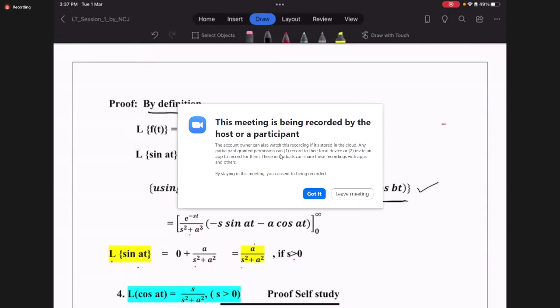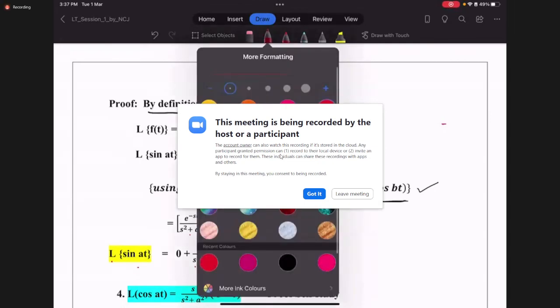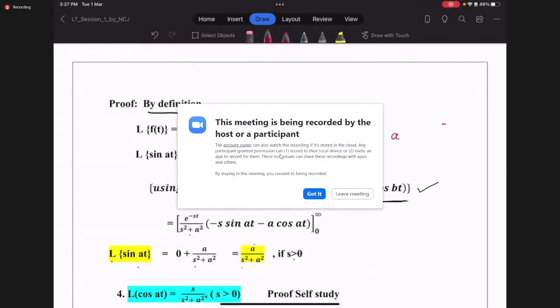Okay, who will tell me what a is over here? Compare with this and tell me what a is. Minus s. A is minus s. Very good. What is b? a. Fine. And then applied over here, then simplified, and you are getting a upon s square plus a square.